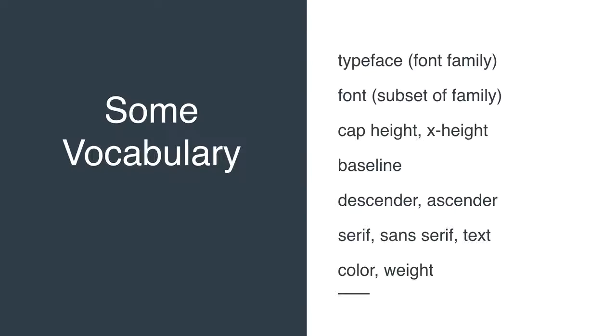So here's some technical vocabulary when we speak about typography. The typeface is the actual font family, but the font itself is the subset. And there are other, more technical pieces that you can really dive into that most people don't consider when they first start looking at text and typography.